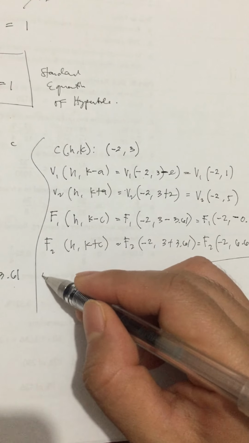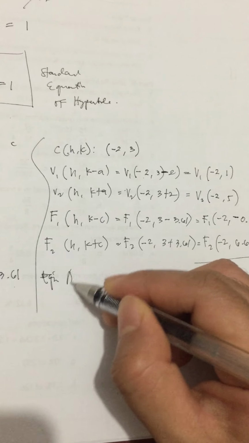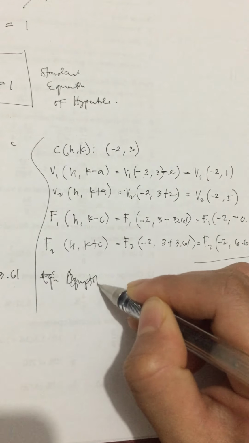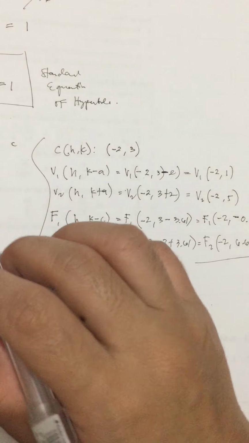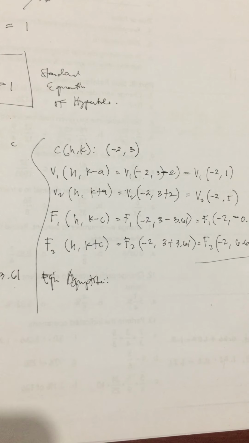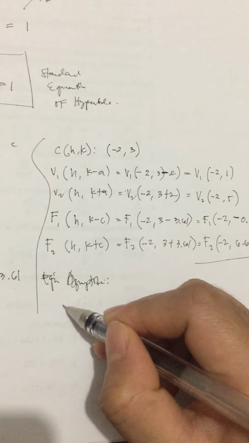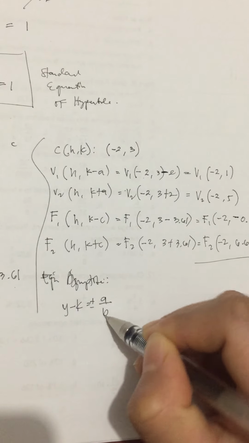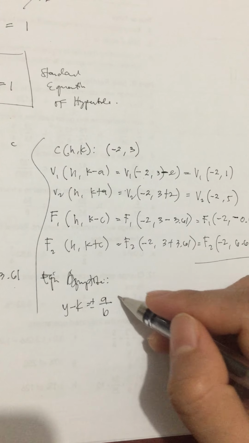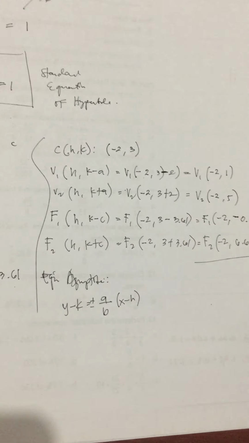Last one would be the equation of our asymptote. So, syempre, vertical nga ito, mauna yung a over b. Mahimo ni siyang y minus k equals plus minus a over b, and then x minus h.